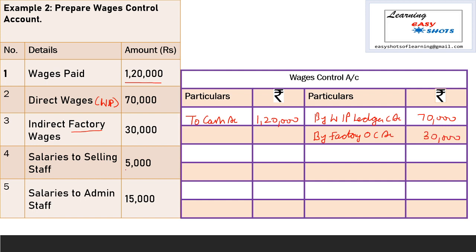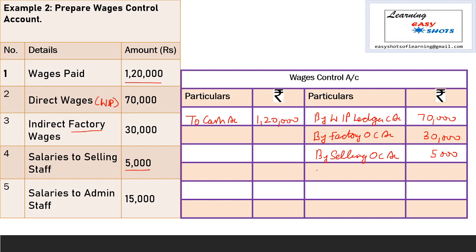Our next transaction is salary paid to selling staff. Now when we pay salary to those workers who are working in the selling department, we charge this salary to the selling department. So by selling overhead control account, salary paid costing rupees 5,000.